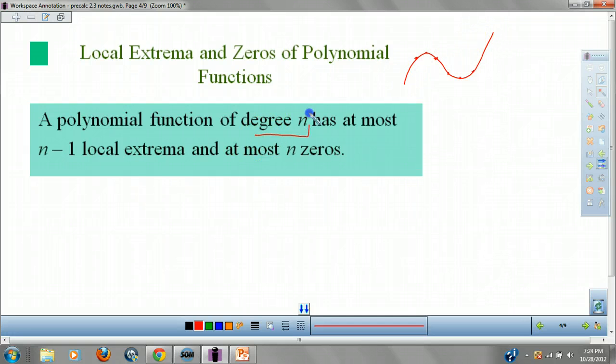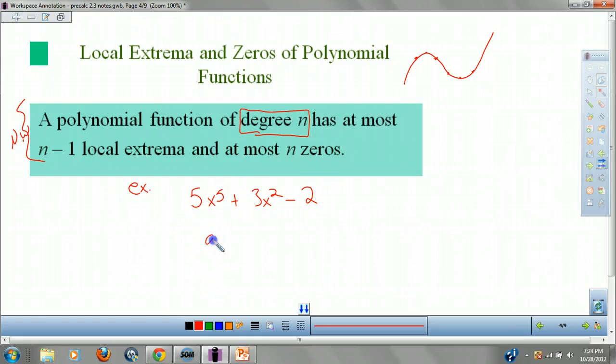Now, you take your degree n. Okay? By the way, this right here is noteworthy. A polynomial has at most n minus 1 local extrema and at most n zeros. What does that mean? Example: I see something like 5x^5 plus 3x^2 minus 2.